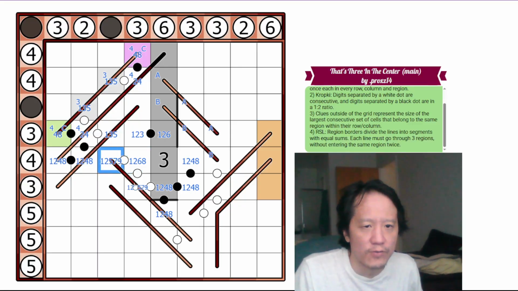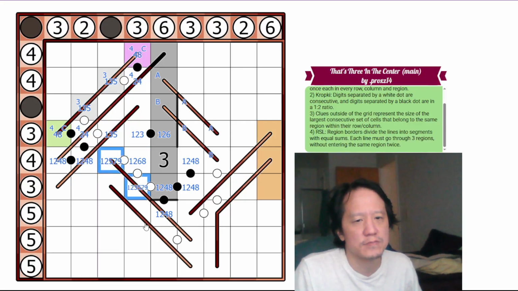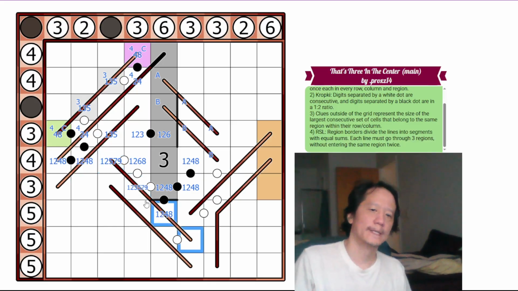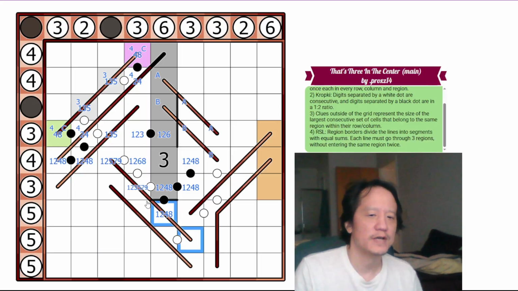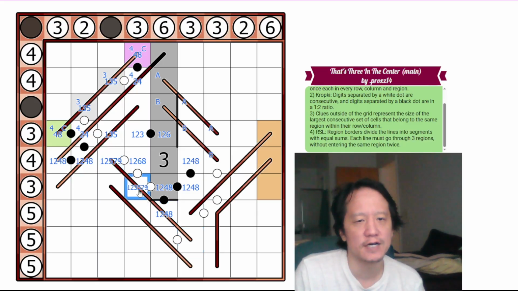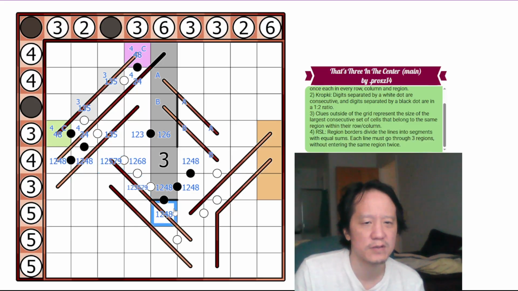These could very well be the same digit, and then these two add up to it. That's interesting. If this is not the same as this, can these two add up to this? Maybe? I don't know.